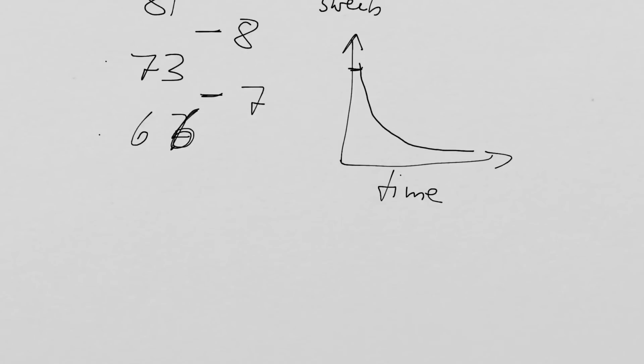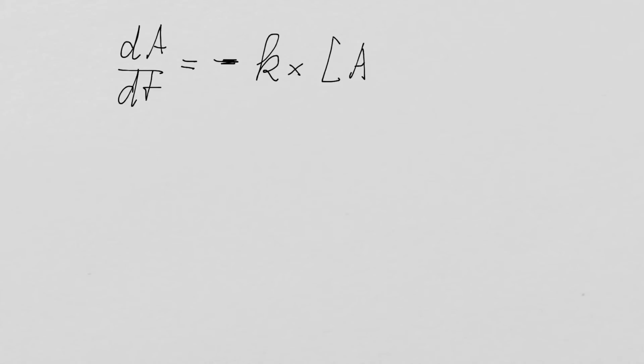So how can we write this thing? Again, let's write our general rate equation. dA over dt equals, we have a consumption, so it's negative, minus k times A. Now we have a rate order, as we had in the other one.